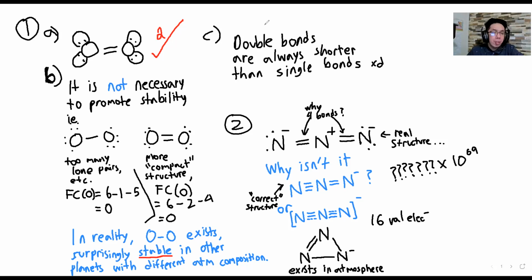Another thing is very good. So nakuha mo talaga yung main reason kung bakit nag-a-add ng double bond, so that you can have zero formal charges on both oxygens. Because for your O single bond O, technically it's still true, because 6 minus 1 minus 5 is indeed 0.